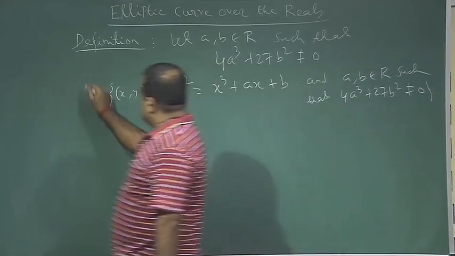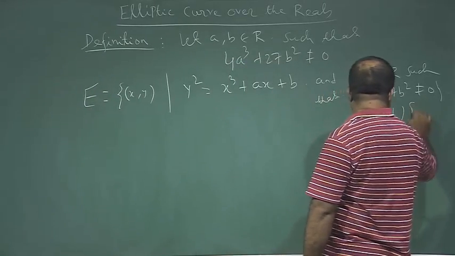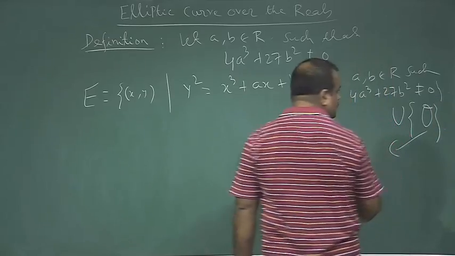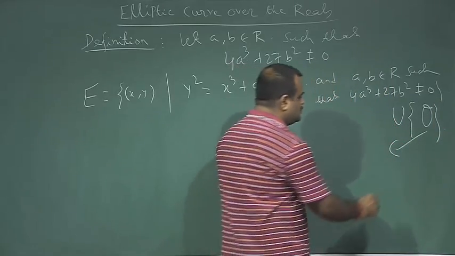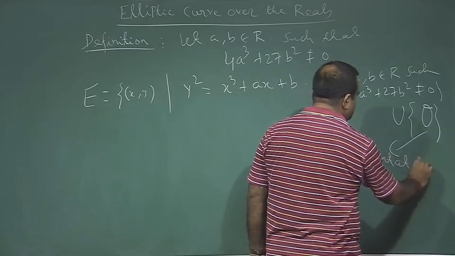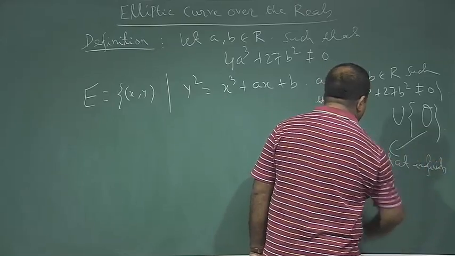So, this collection is an elliptic curve along with a point which is called the point at infinity. We will talk about what we mean by point at infinity.